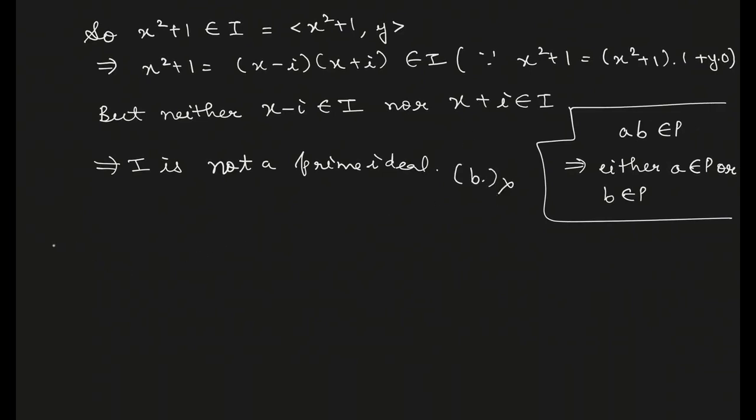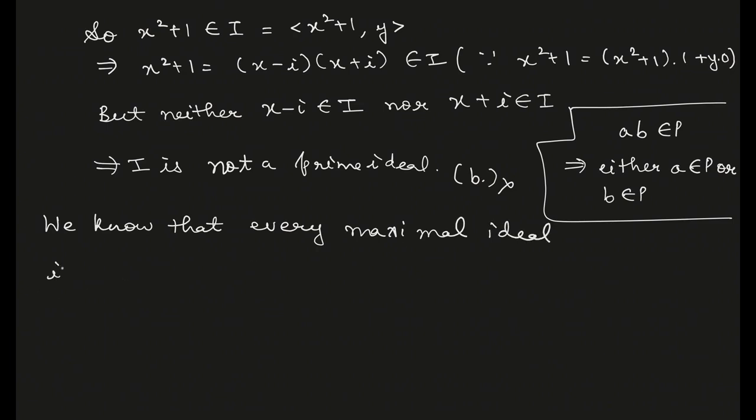Also, we know that every maximal ideal in a commutative ring with unity is a prime ideal. Now its contrapositive will be: not a prime ideal implies not a maximal ideal.